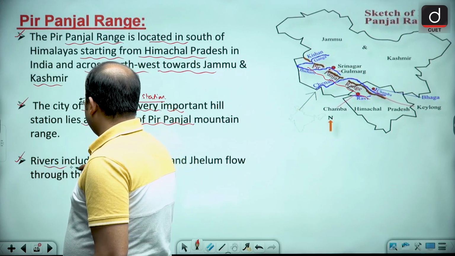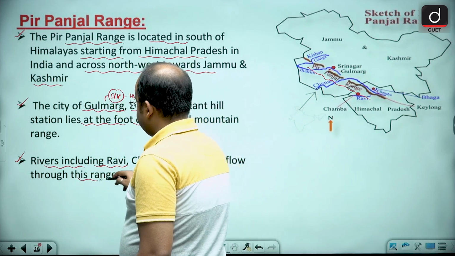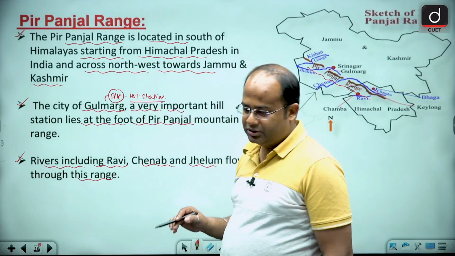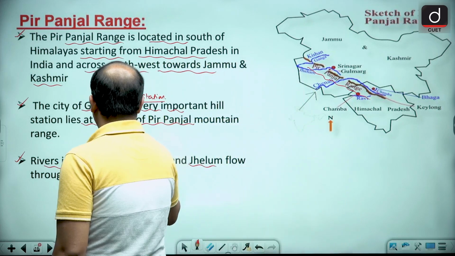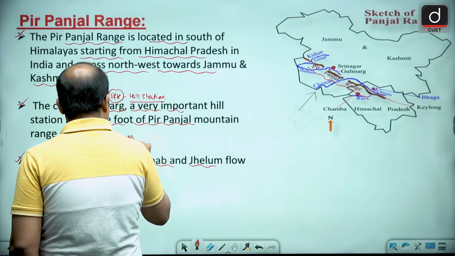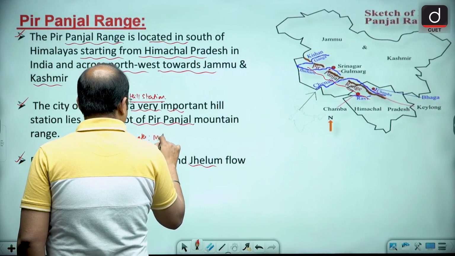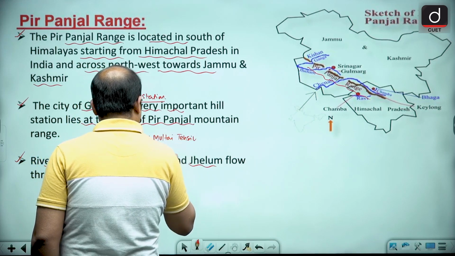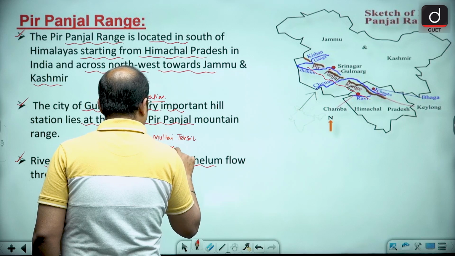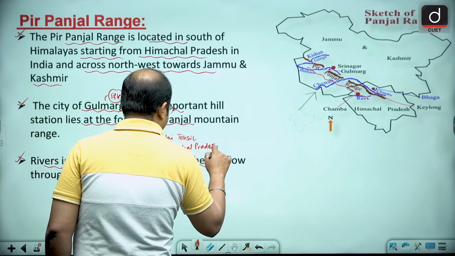Now guys, the rivers including Ravi, Chenab and Jhelum flow through this range. Ravi originates from the Multai Tehsil of Himachal Pradesh.